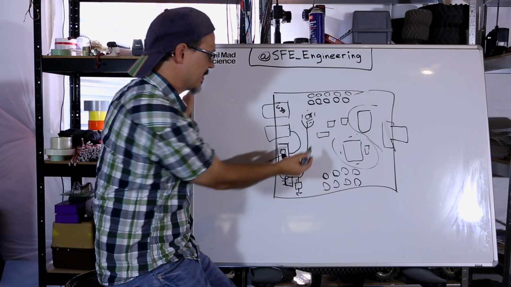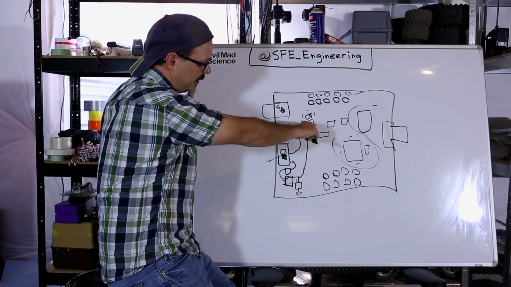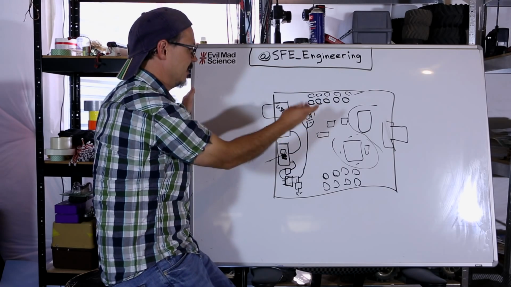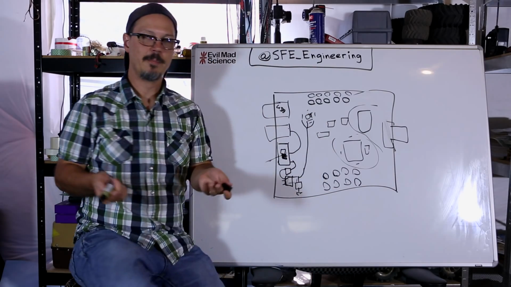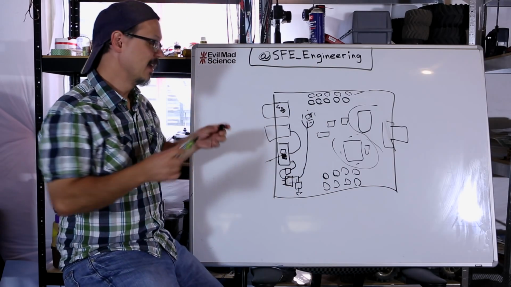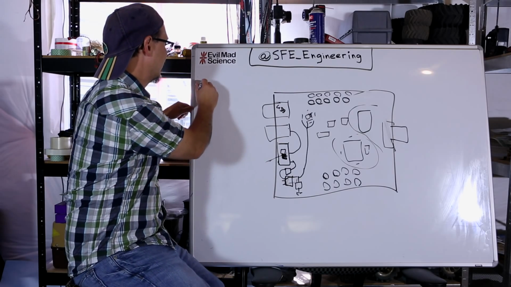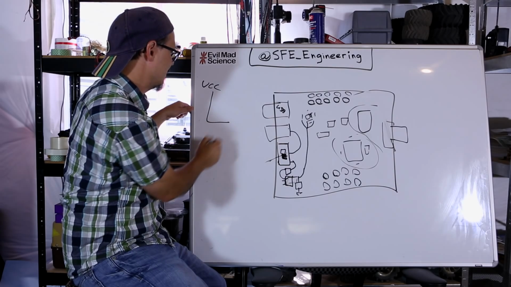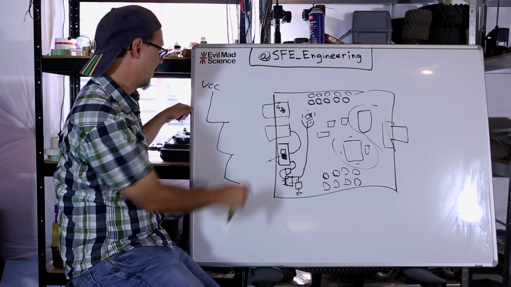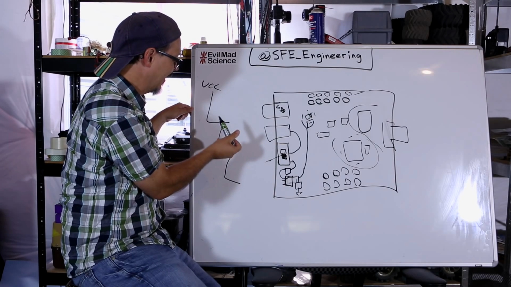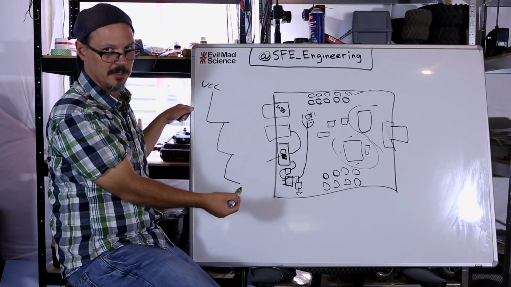The reason for doing this, obviously, is I don't want to run three lines back here. But if I can tie all three of these points to a common point, then each of them equally gets a feed from VCC. Now, to back up and remind you, why do we do this? Because if you're daisy chaining components, like I've got VCC here, and it's going down to something here, and then something here, and then something here, well, if this guy draws a lot of current, these two guys are going to feel a voltage drop.